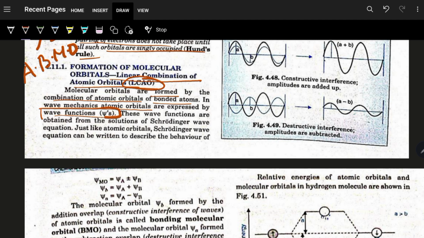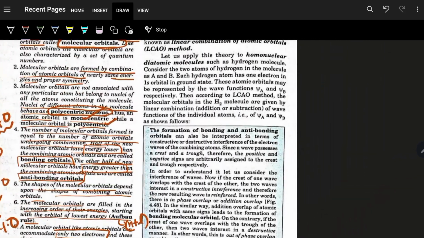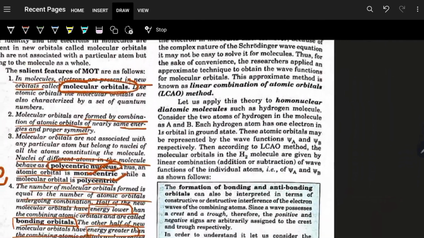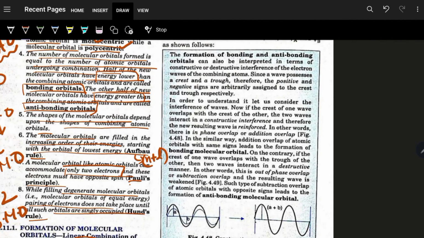You have seen this wave function psi in Schrodinger's wave equation, where it was said that psi is the amplitude of the wave function, psi is the solution of the Schrodinger wave equation, and all information regarding the electron is present in psi. Okay, so here let us see what happens in the bonding scenario and what happens in the anti-bonding scenario.